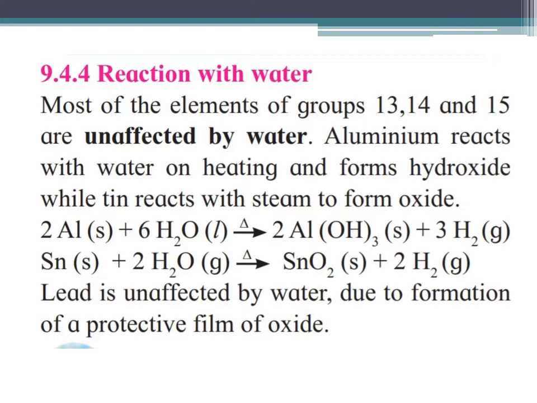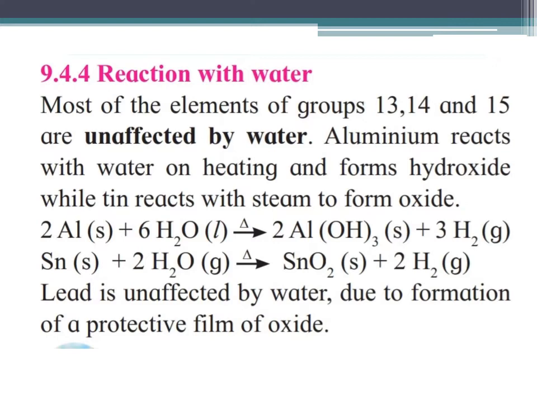Aluminium reacts with water on heating and forms hydroxide. So if you take aluminium and react it with water, we are supposed to provide heating, and only then will it lead to the formation of aluminium hydroxide.